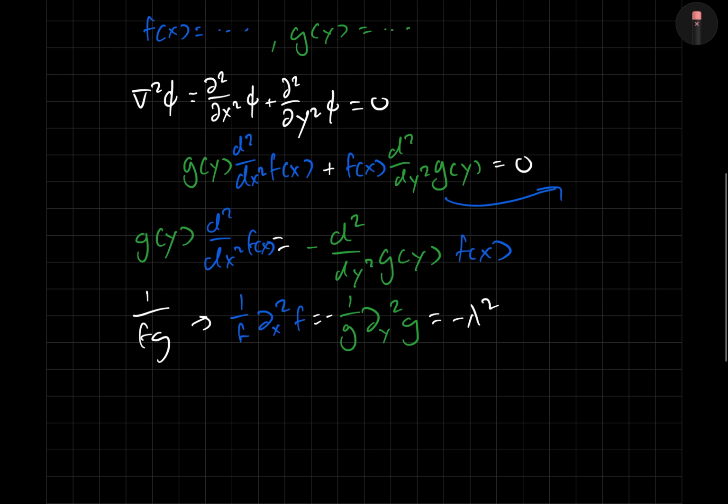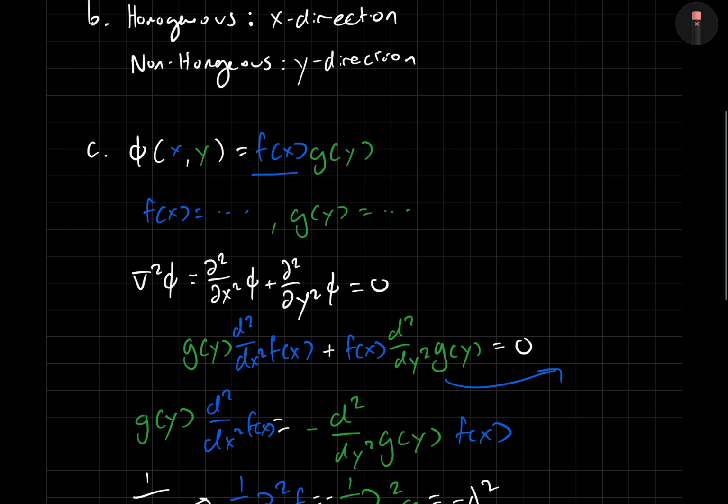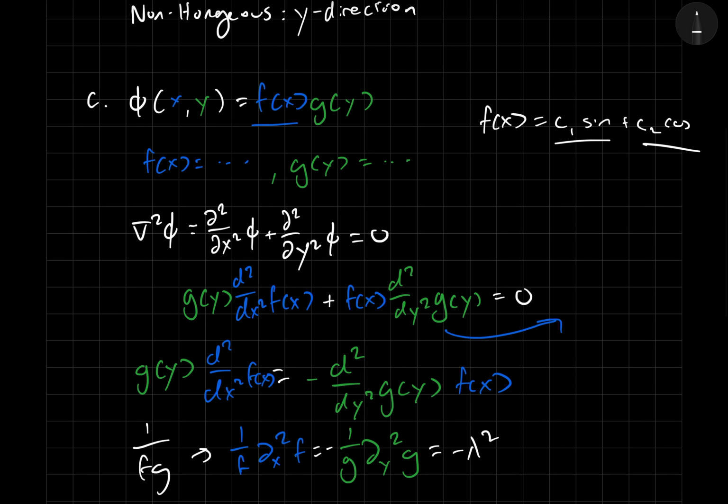And this is going to be nice because now we know that we can write at least the x side in terms of, so f of x is going to be equal to something like sine and cosine, from what we've been doing a lot in the past with ODEs.